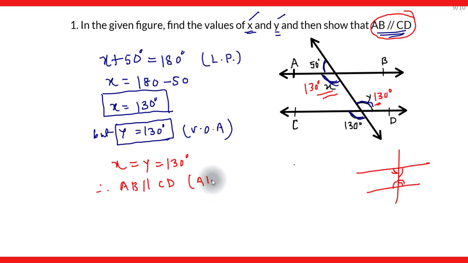Because alternate interior angles are equal. So remember, whenever the alternate interior angles are equal, then the lines are parallel, and if the lines are parallel, then the alternate interior angles are also equal. Now let us move to the second question.